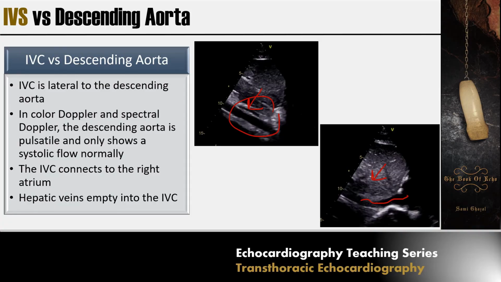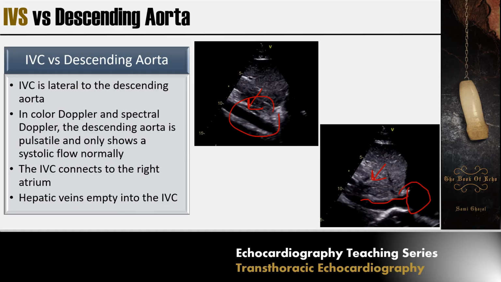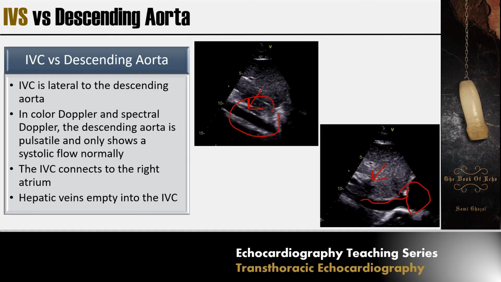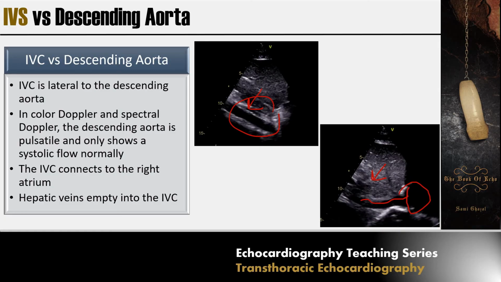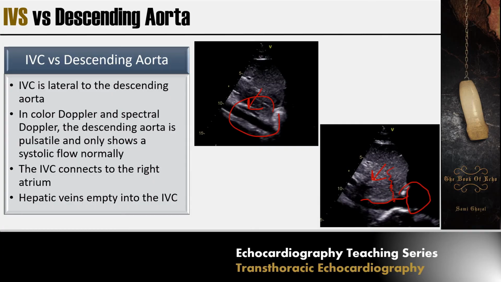Also, the IVC will empty into a chamber, which is the right atrium, and also you can see the Eustachian valve. Also, the IVC has a hepatic vein that empties into the IVC, but nothing empties into the descending aorta.